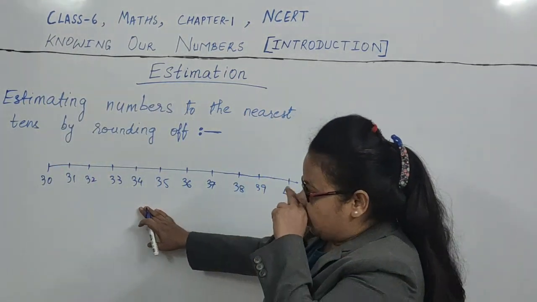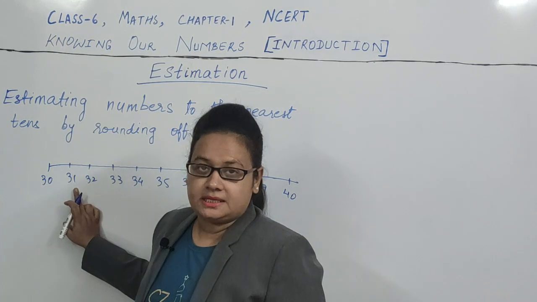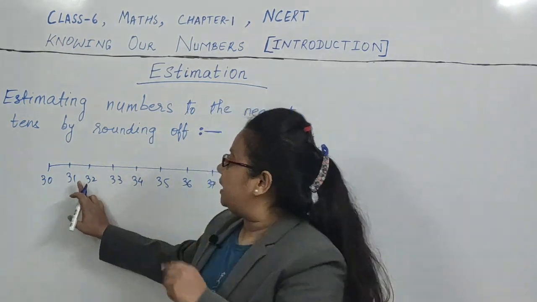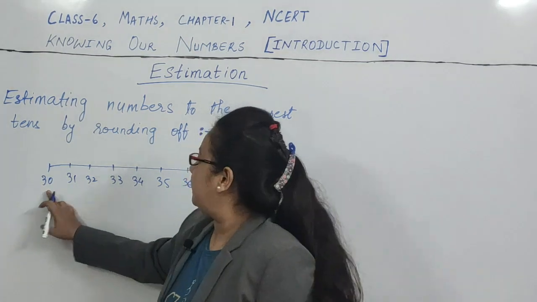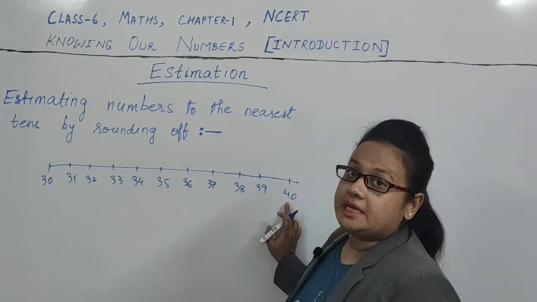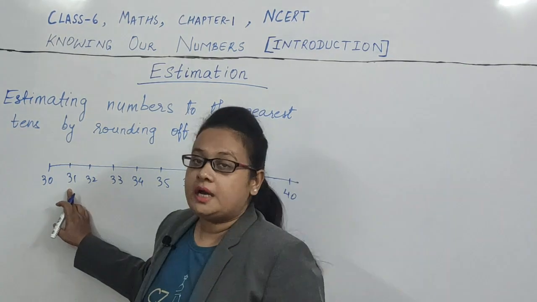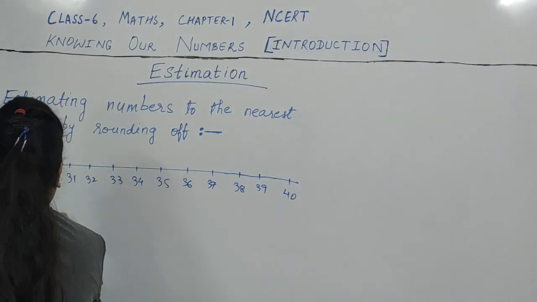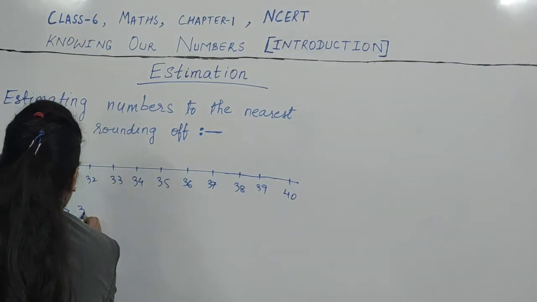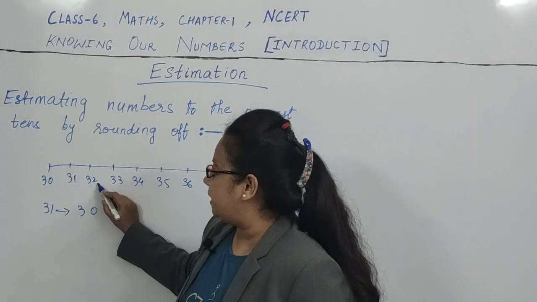Okay. So if we have to round off 31 to the nearest tens, what will be there? 31 lies between 30 and 40, but it is closer to 30. So 31 will be rounded off to 30.